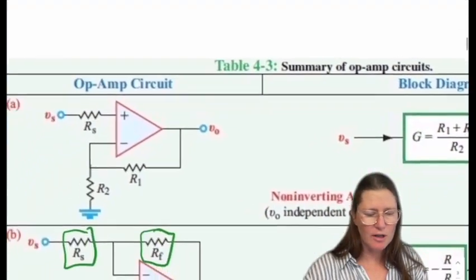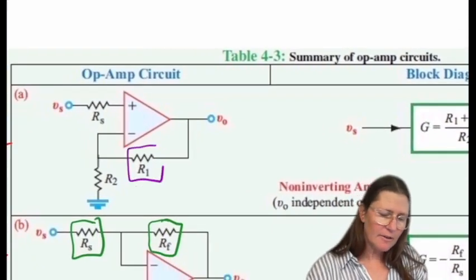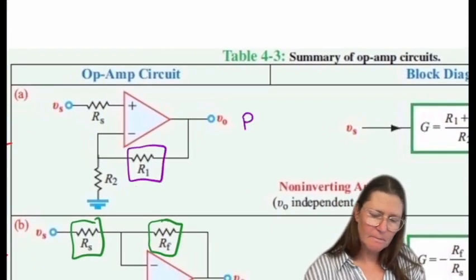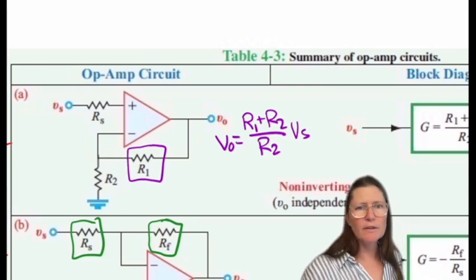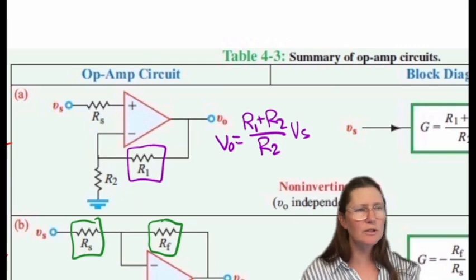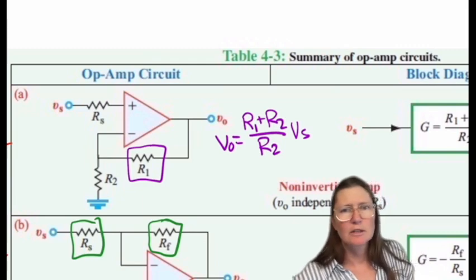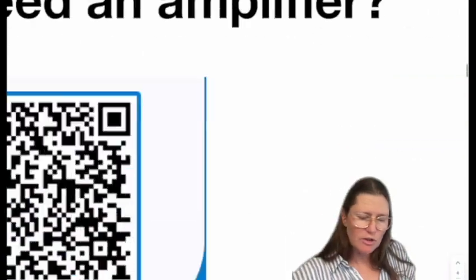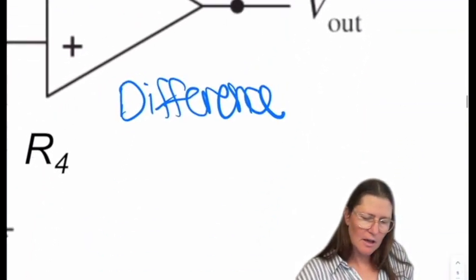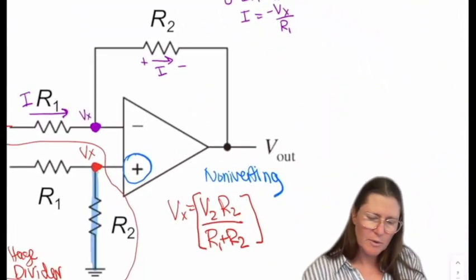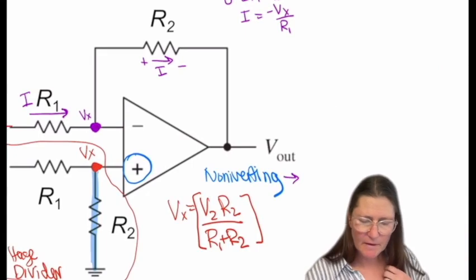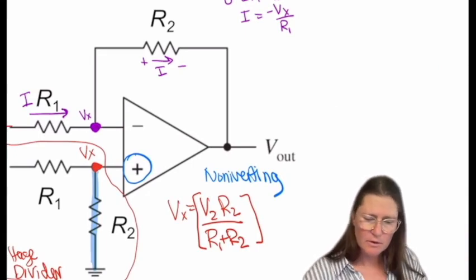So R1 is this resistor here, and your output is equal to this, R1 plus R2 over R2 times Vs. So we can just use that, and that will be our non-inverting value.